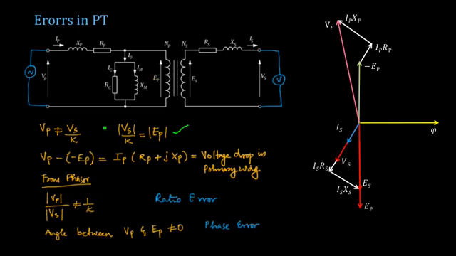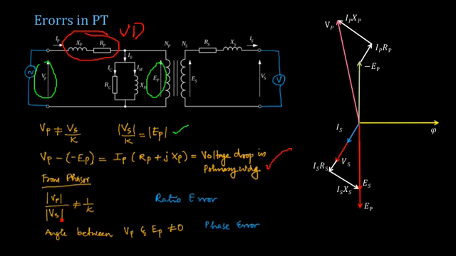Now Vp minus Ep is the difference between these two voltages. Think something like this. The difference between the voltage on this side and this side will be due to the drop here. Here you will have a voltage drop. That voltage drop is given by Ip into Rp plus jXp. So that is the voltage drop in the primary winding.